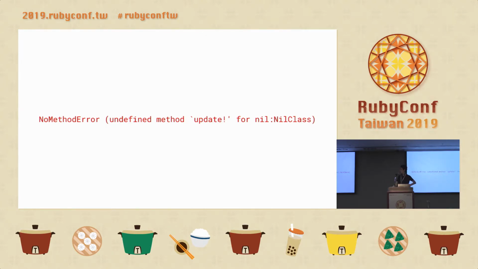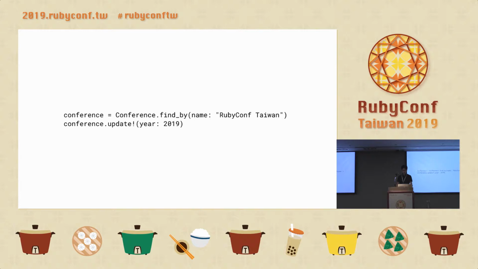I think that you should see a lot of these errors in your development. So how does this error happen from the Ruby code? This is a small example. I'm sorry, I assume that we are using Active Record in this example. So we use the find_by method to fetch a record from the database.